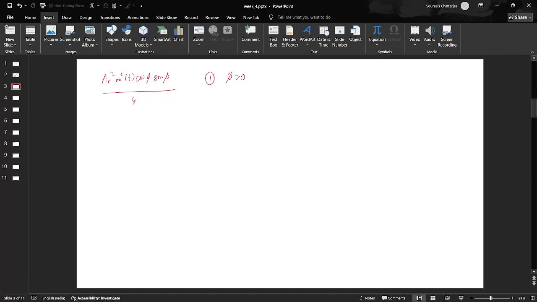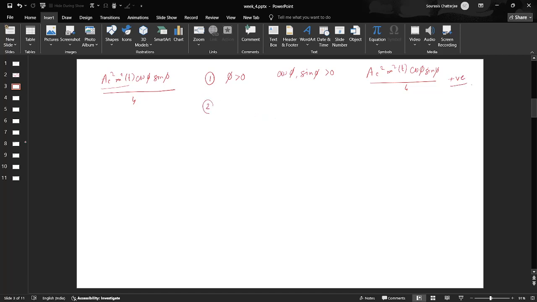So what is going to happen then? If I carefully look at this, for φ positive, your cos φ and sin φ both are going to be positive. Anyway, this part is Ac² m²(t), so of course that's going to be positive only. So now the voltage that controls the oscillator is also positive.